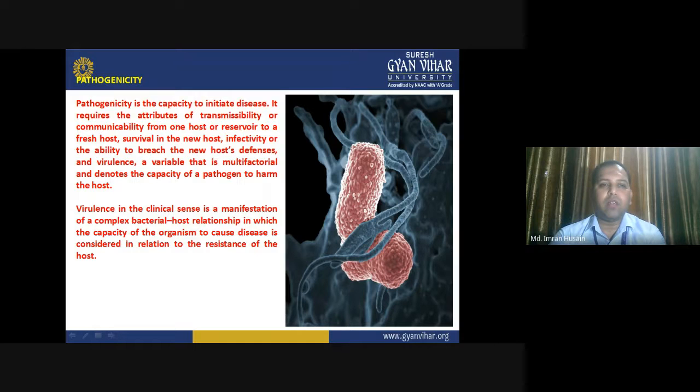Virulence is a multifunctional ability and denotes the capacity of a pathogen to harm the host. Right. So what are its multidimensional qualities due to which it is going to harm a host in the long term? Virulence in the clinical sense is a manifestation of a complex bacterial-host relationship, in which the capacity of the organism to cause disease is considered in relation to the resistance of the host.